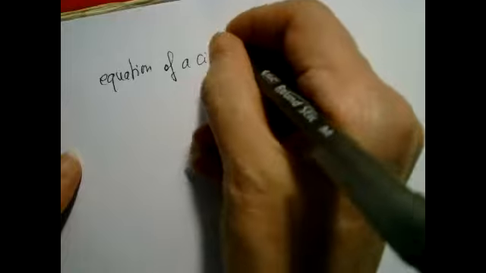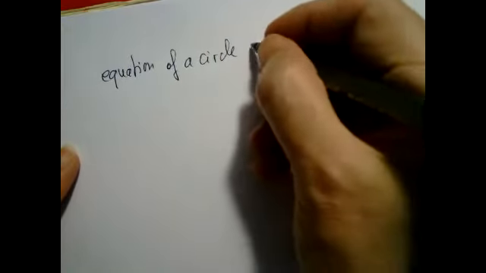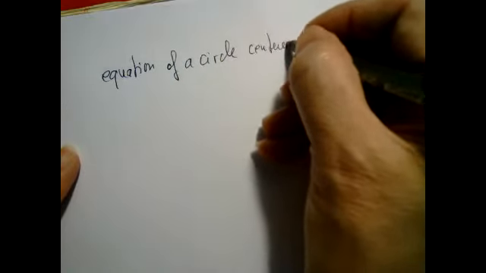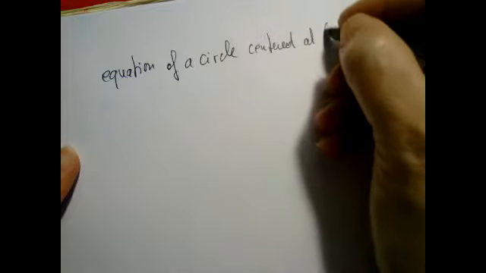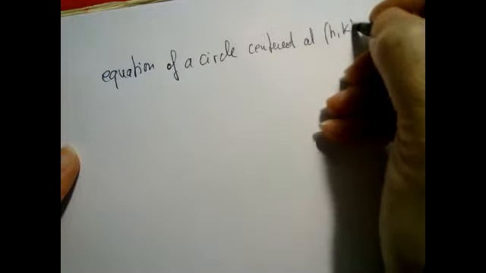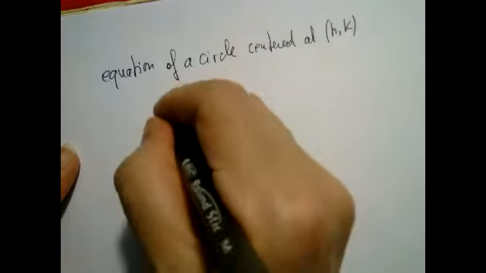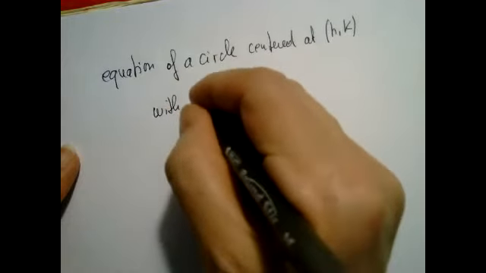So, circles: equation of a circle centered, so I'm going to change the center now at (h, k), that's the center, and with radius r.